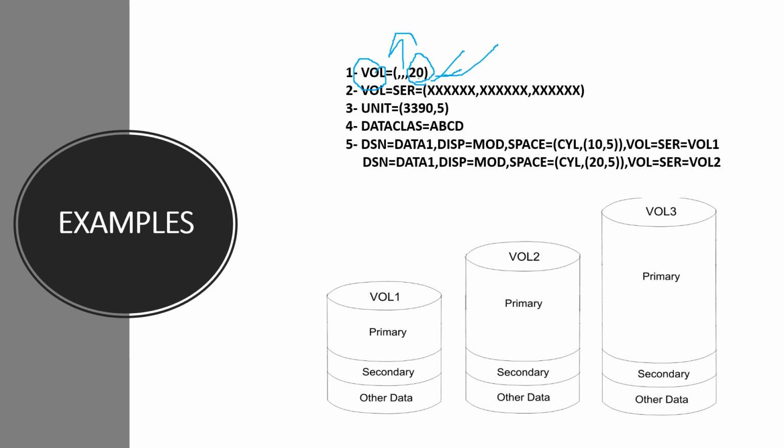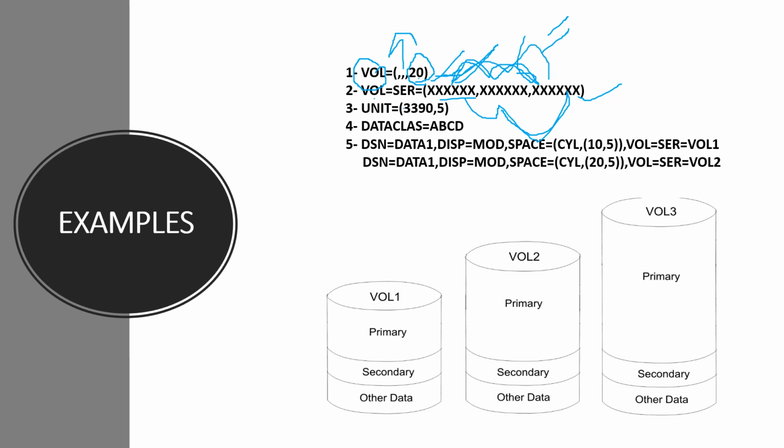In volume there is another thing called serial, where you code volume equals serial equals these serials. As you know, volume serial is a 6-character unique code for each volume. If you want your data set to be on particular volumes, you can directly code those serial numbers here and ask the data set to go into these volumes.